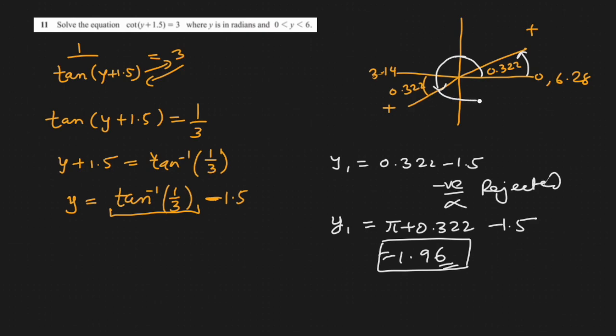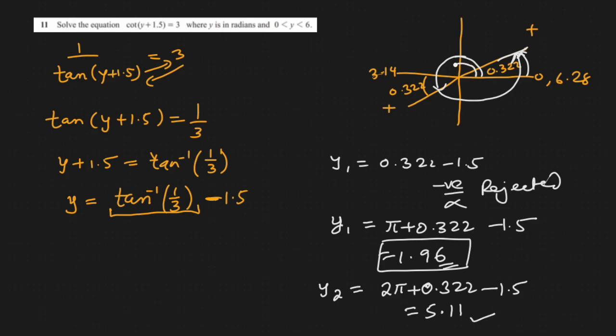So we'll go to this angle. So y2 equal to 2 pi plus 0.322 minus 1.5. So what does this give us? 5.1051. So 5.11 I can write. 5.11, which is also okay.